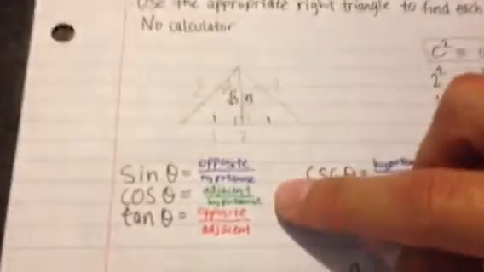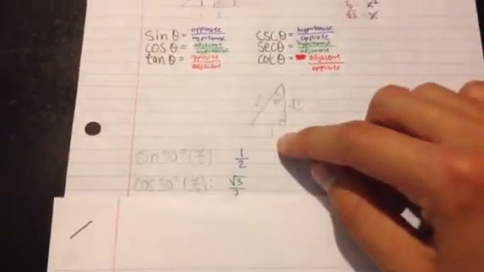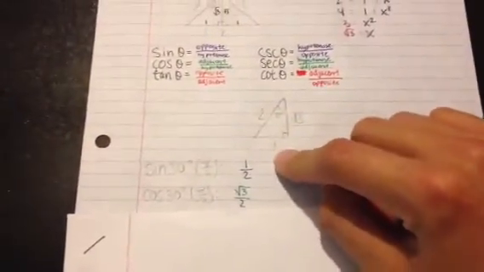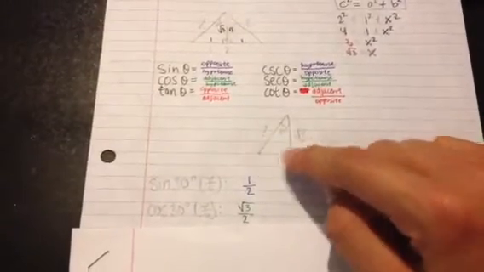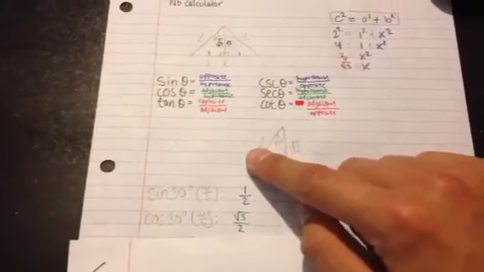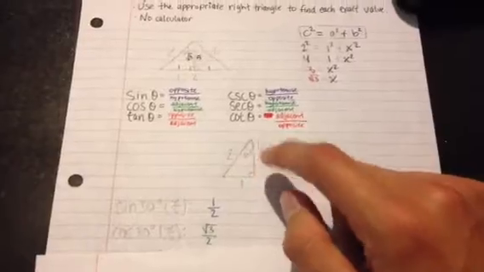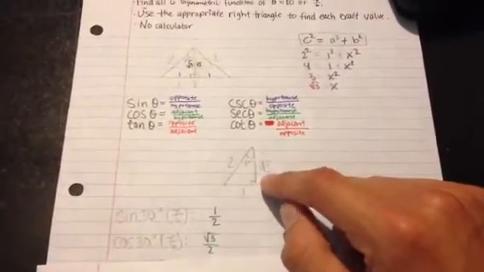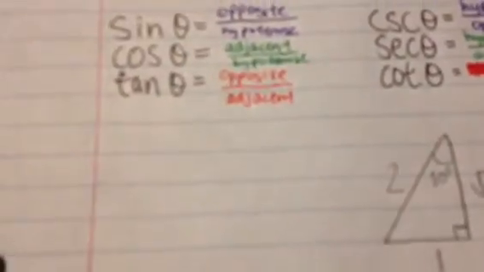Cosine of 30, or pi over 6, is the adjacent side over the hypotenuse. So adjacent over hypotenuse. I pointed right down there, but I meant to point over here at this 2. So adjacent over hypotenuse, square root of 3 over 2. Tangent is the opposite over the adjacent.